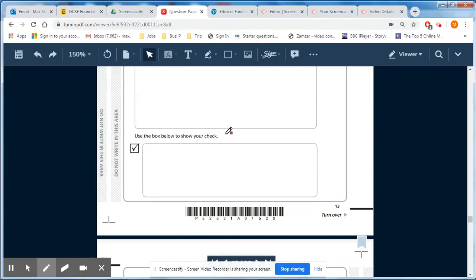And this time I'm going to do it by estimation. So in the new specification, they can ask you to do it by a reverse calculation, or they might also ask you to specifically do it by estimation. So if we think that his rate of pay was £7.85, we can round this to the nearest pound and say he earns roughly £8 an hour.